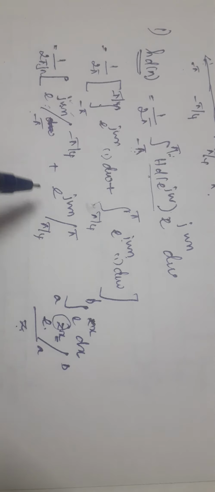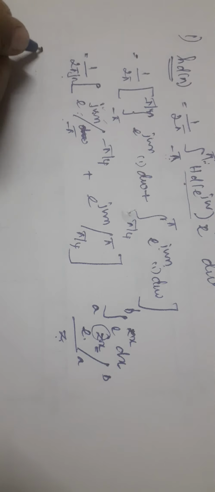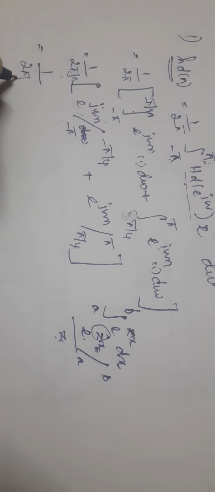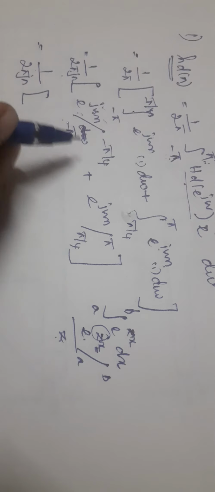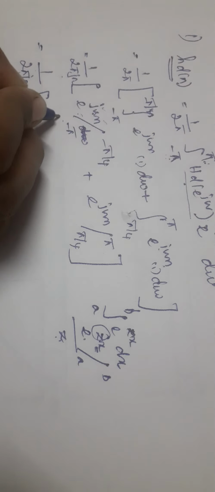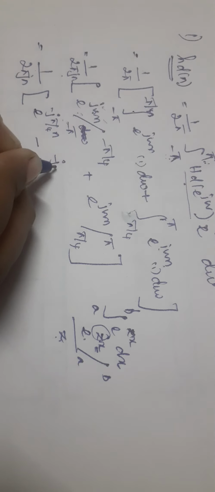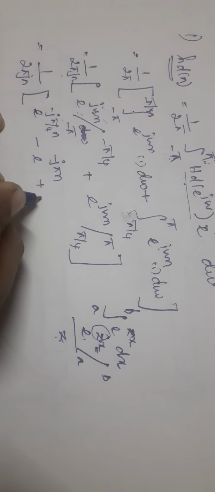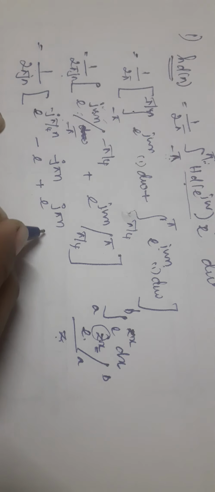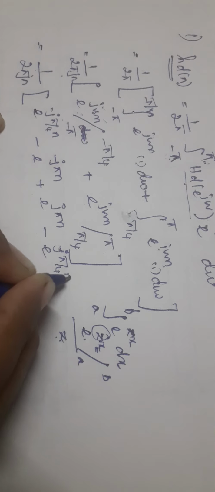Here also jn, that is why I have taken it as common. So 1/(2π jn) times e^{jωn}, next we have to solve this: e^{j(-π/4)n}, upper limit minus lower limit e^{-jπn}, plus e^{jπn}, upper limit, minus lower limit e^{jπn/4}.